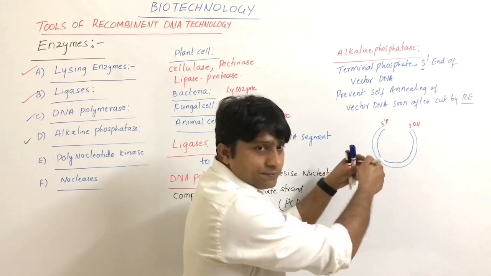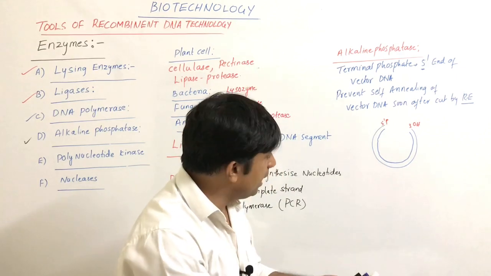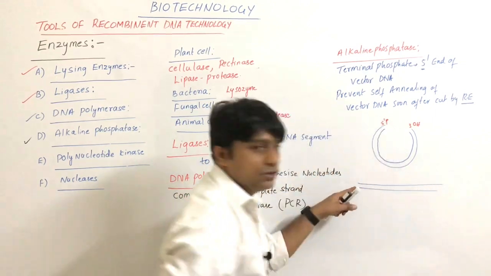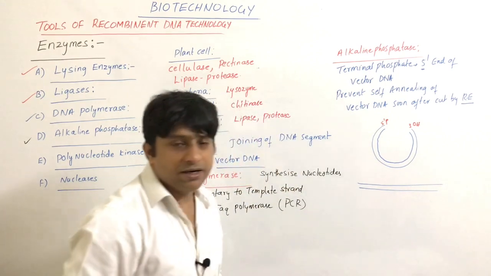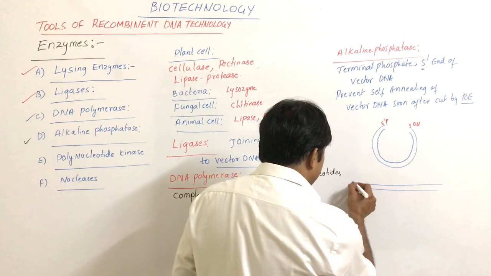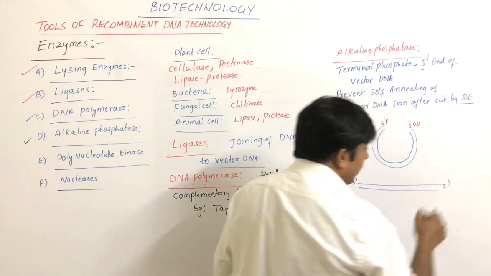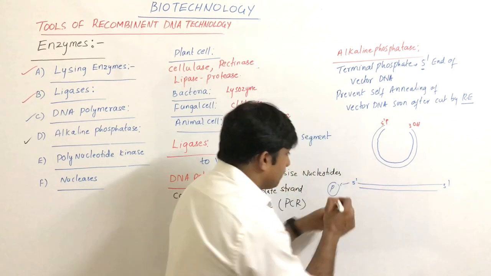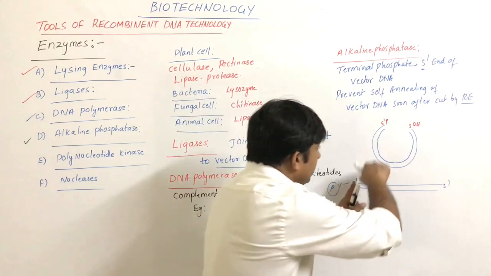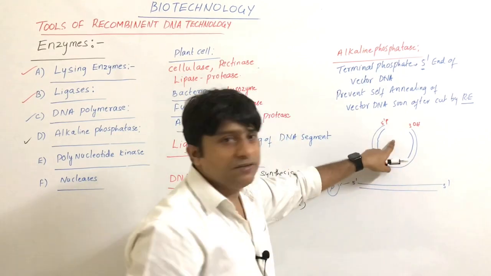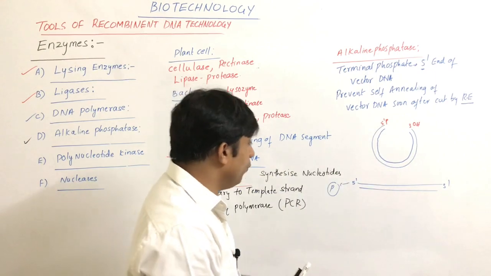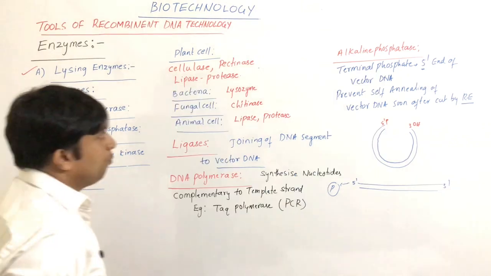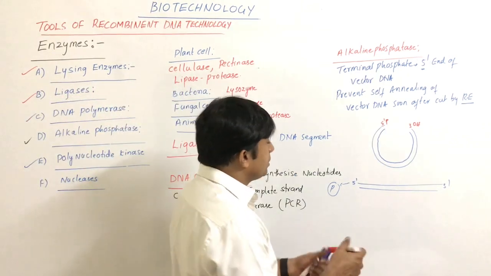There is an annealing. But we want the vector DNA to open up and stay straight, so that we can add our gene of interest. So at the 5' end, this is the 3' end. By removal of phosphate from the 5' end, there is no self annealing of this vector DNA, so that we can join our desired gene or gene of interest. Polynucleotide kinase.